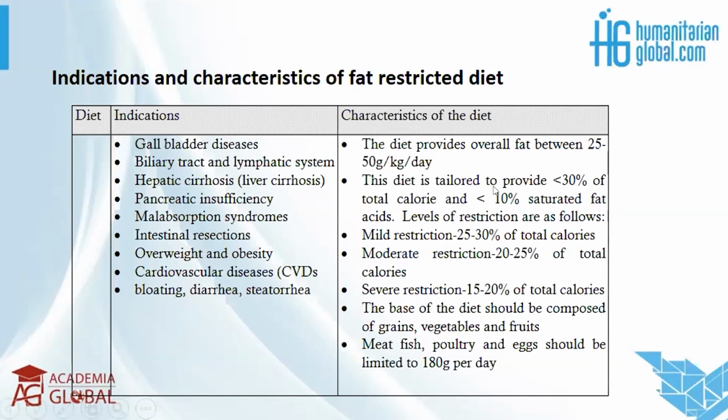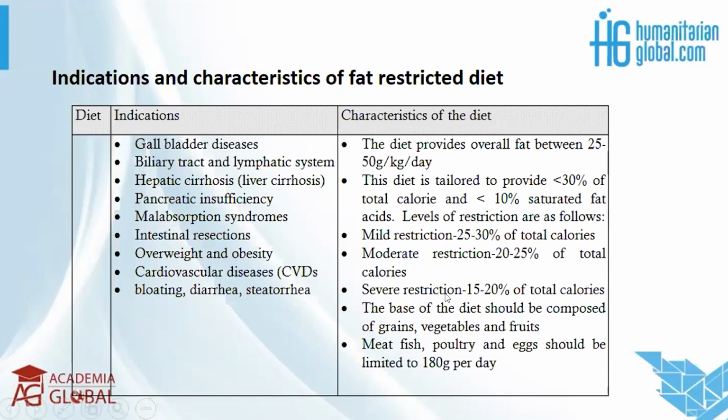This diet is tailored to provide less than 30% of total calories and less than 10% of saturated fat. We are just saying here that the fats should be very, very little there. And it will depend on the severity of the condition. So we have mild restrictions, we have moderate restrictions, and we have severe restrictions.